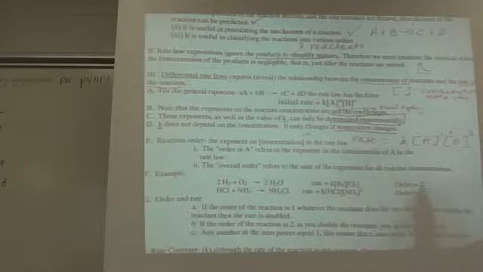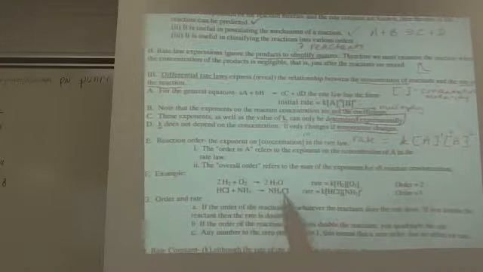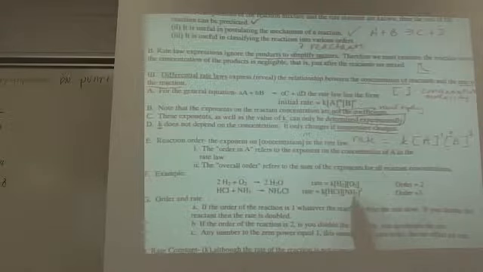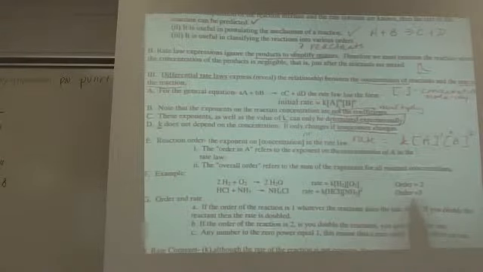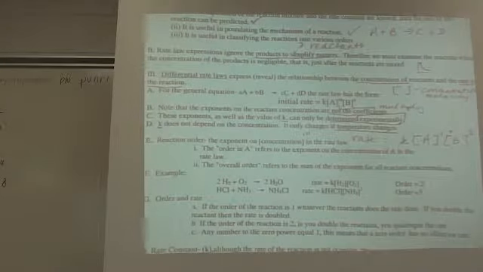So overall, it's second order. Experimentally, for this equation, somebody found that this is first order in HCl, second order in NH3, so overall it is third order. What do order and rate have to do with each other?